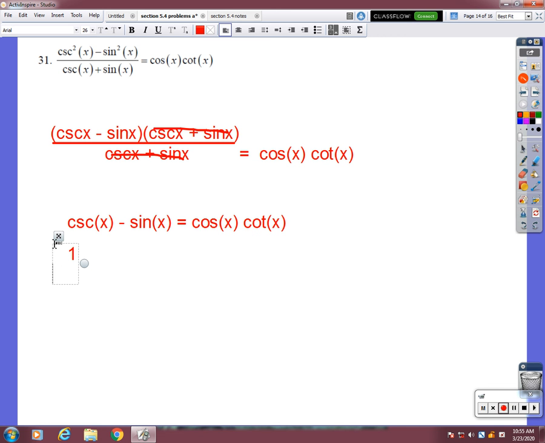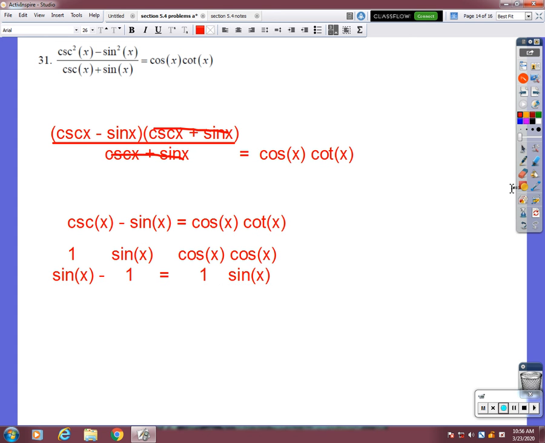So I'm going to go 1 over cosecant is the same as 1 over the sine of x minus, I'm going to rewrite sine of x as sine of x over 1, so it's less confusing, so everybody's a fraction, equals, let's do the same thing with cosine, let's write that as cosine of x over 1, and let's rewrite cotangent as cosine over sine.